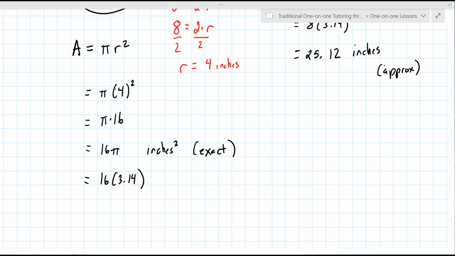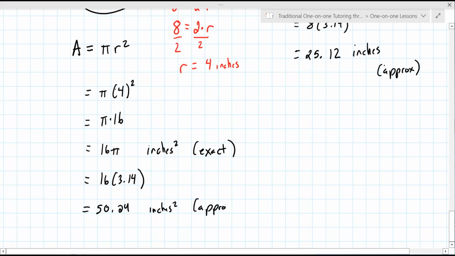That is going to be 50.24, and it's inches squared, and this is an approximation. All right. That will do it for us for tonight, Sourish.